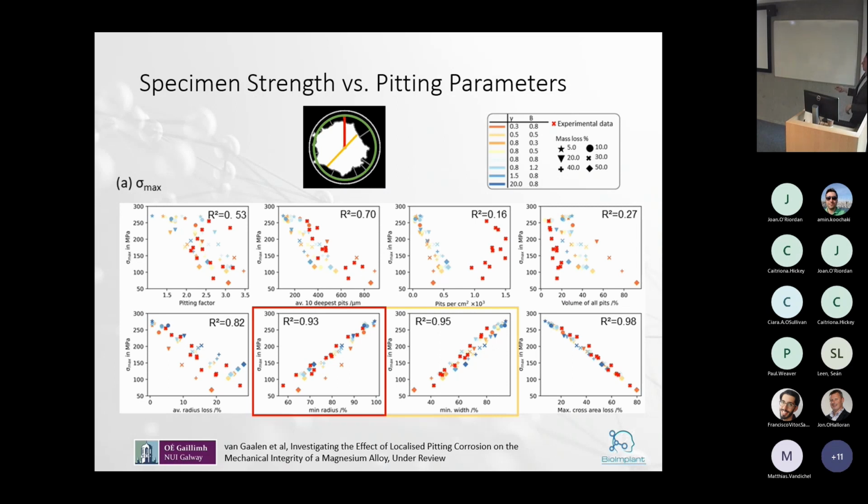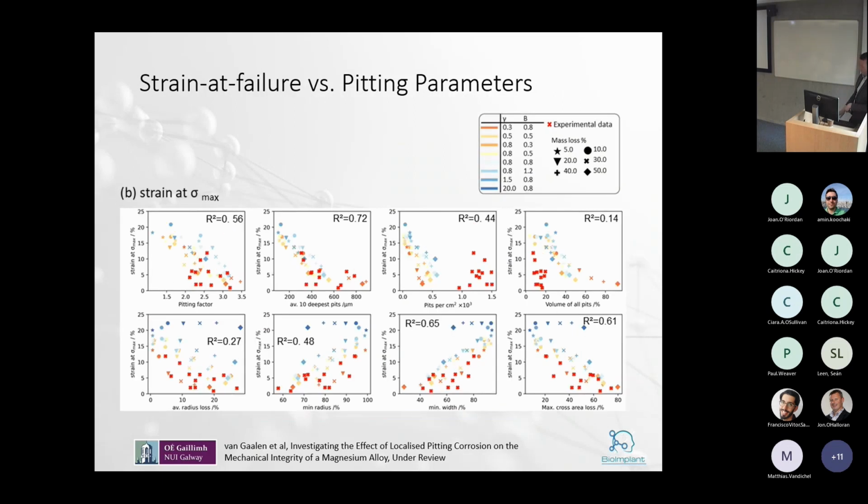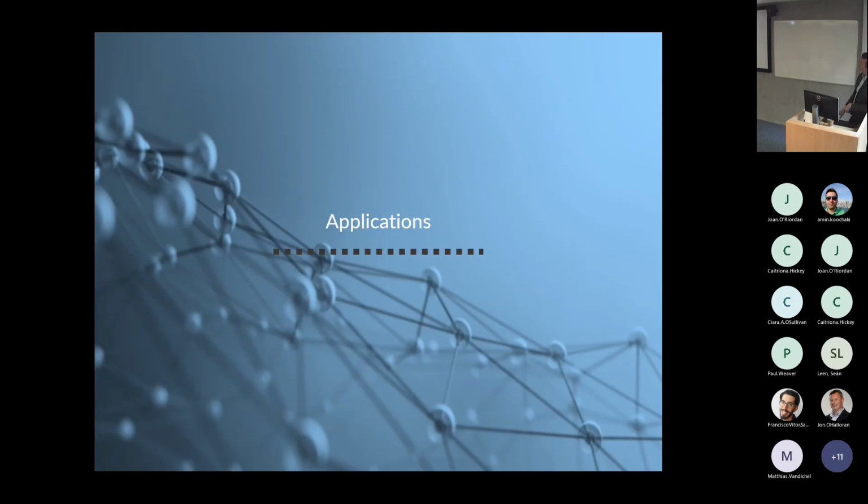And again, we found that anything related to the specimen radius started lining up and giving really good correlations with specimen strength, dictating what was happening in those scenarios. And that tells you that in terms of designing, your minimum feature size is really important, and just generally controlling mass loss.